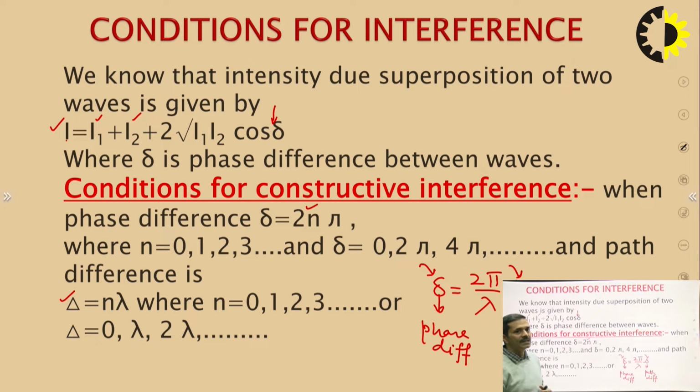That means if we know the value of phase difference, then we can calculate the path difference between the two interfering waves, and vice versa. If we know the path difference, then we can calculate the phase difference between them.